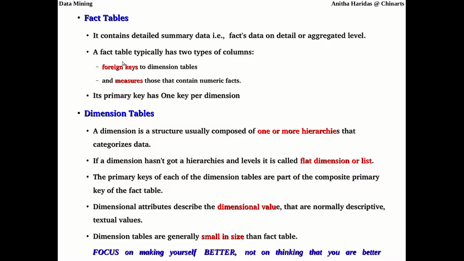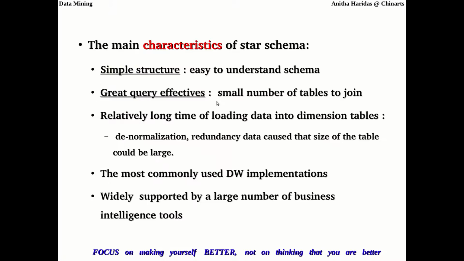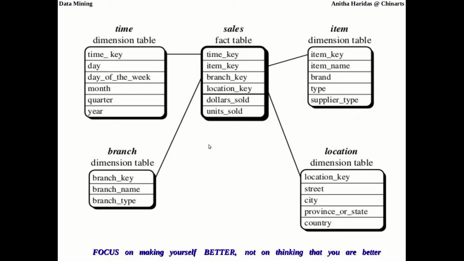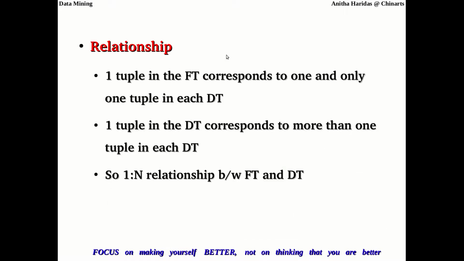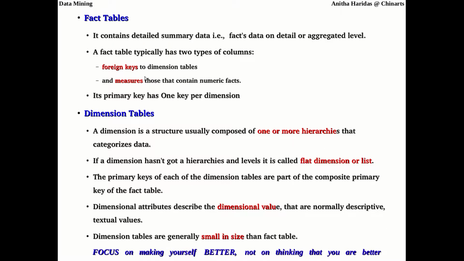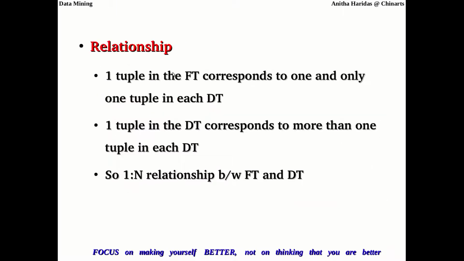And the fact table will have foreign keys to the dimension table, and it will also have the measures that contain numeric facts, and its primary key has one key per dimension. I'll show you an example. Observe this example. We have the fact table and we will have the dimension table. So the fact table will have the foreign keys to the dimension table.